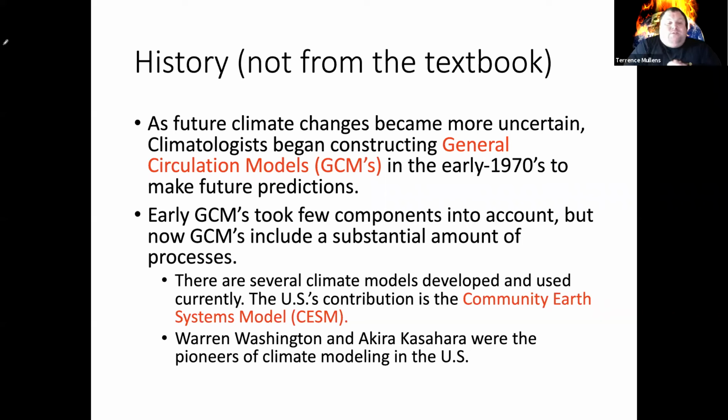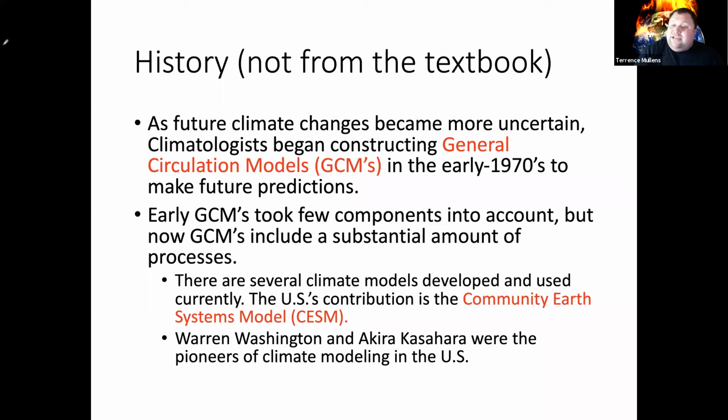However, as we went from the 1970s to the 1980s, the 1980s to the 1990s, the 1990s to the 2000s, we got to a point where the world's strongest computers in the 1970s were substantially less powerful than our smartphones are today. And they were way more cumbersome and more difficult to work with.